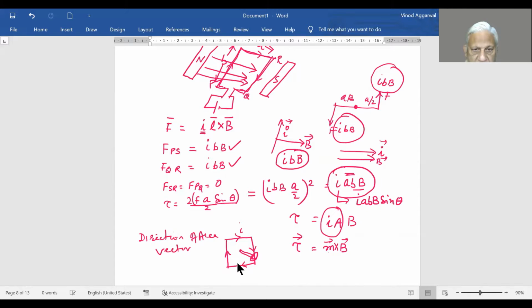This is the direction of current, and in this case it will go inside the paper, so it will advance in this direction. So this will be the direction of our area vector.